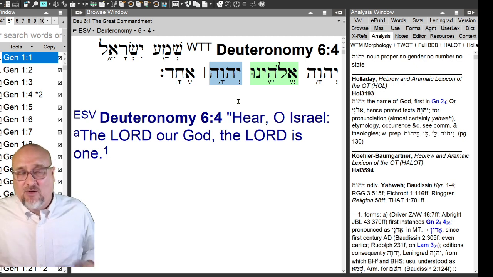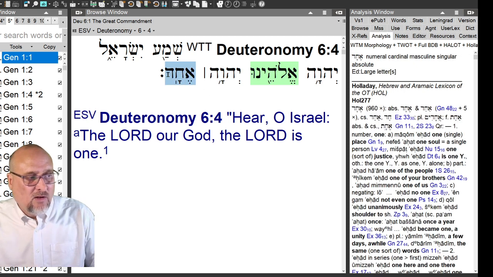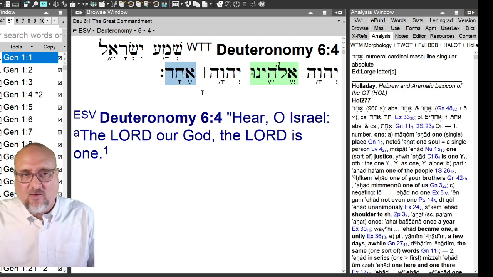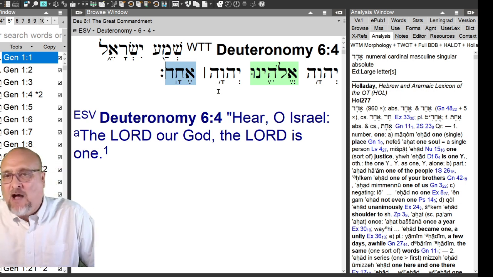And so you have Jewish people who are wrestling with these texts where you have plurality and unity, but they're all believing that this is true. God is one. God is echad. He is one entity, but there's some kind of unexplained plurality within that unity.